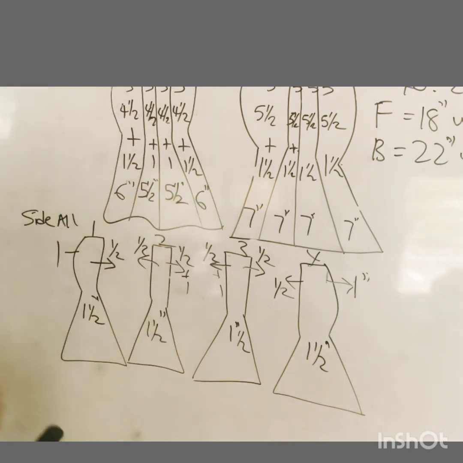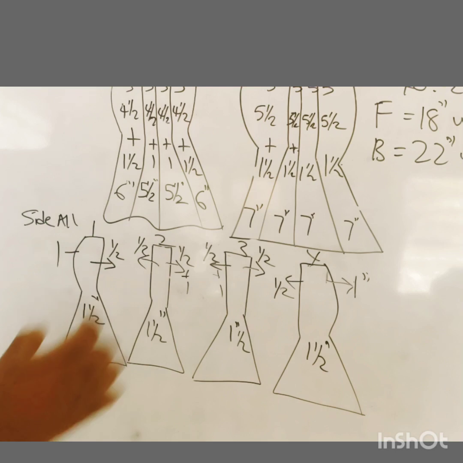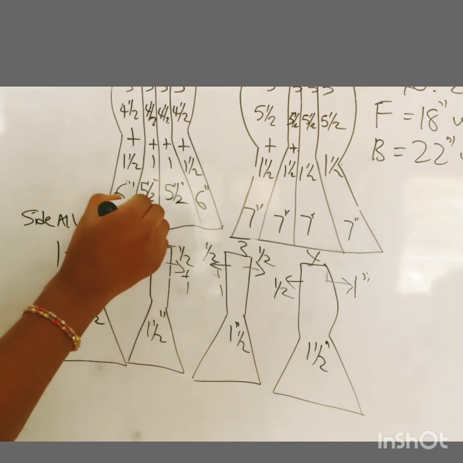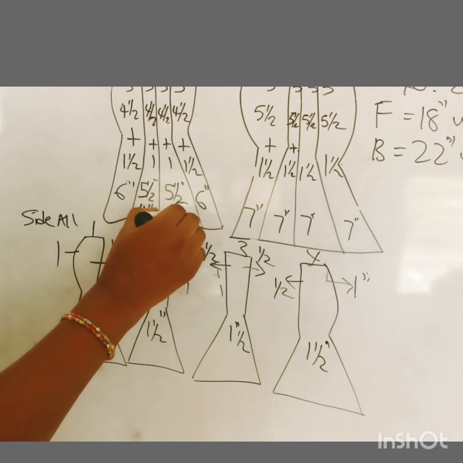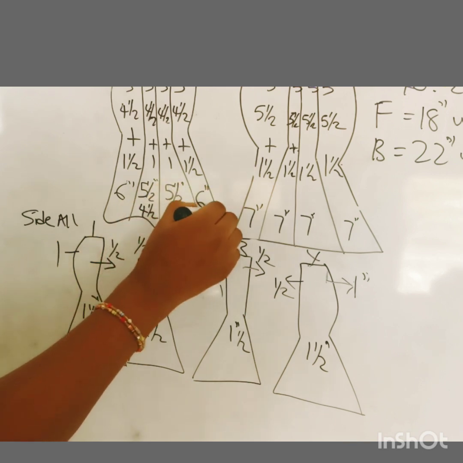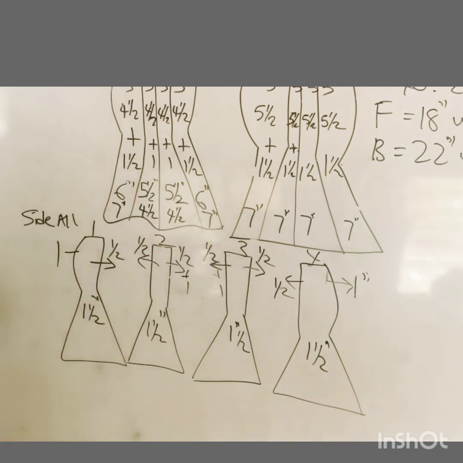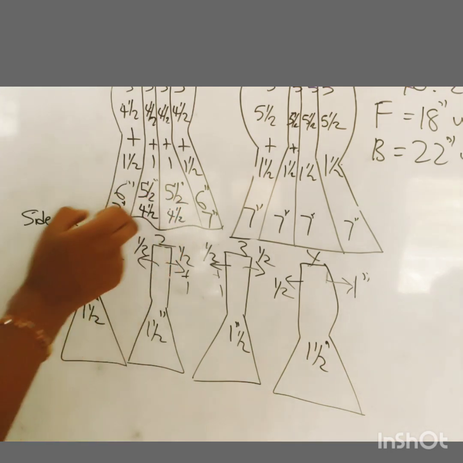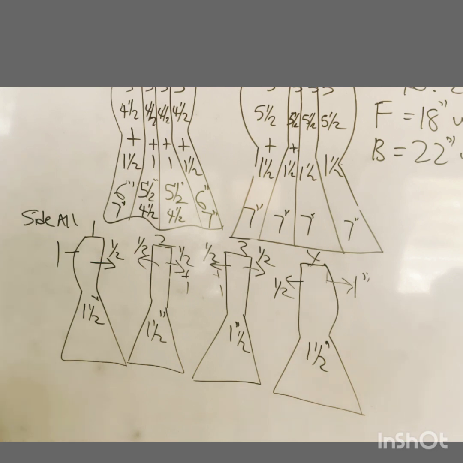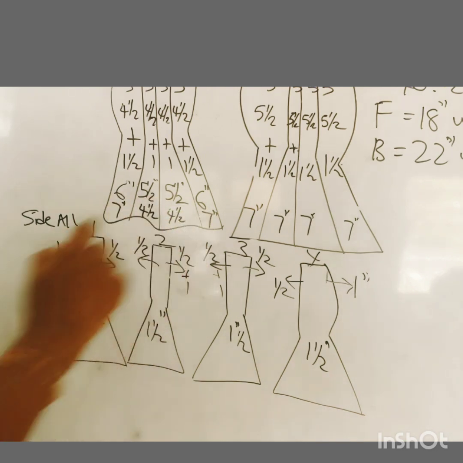Okay, so that the final one, this will be 4.5, while the side will be 7 inches, 7 inches. In that case, the middle will be smaller. It will appear smaller or narrower than the side.